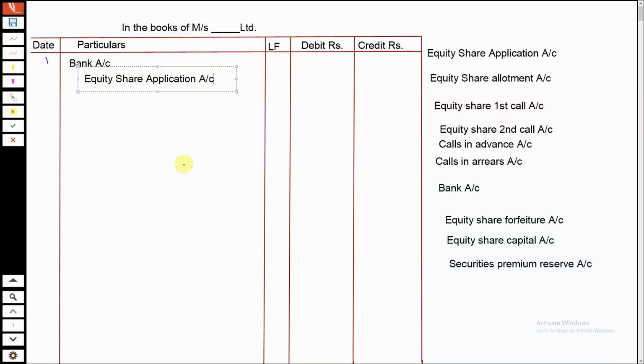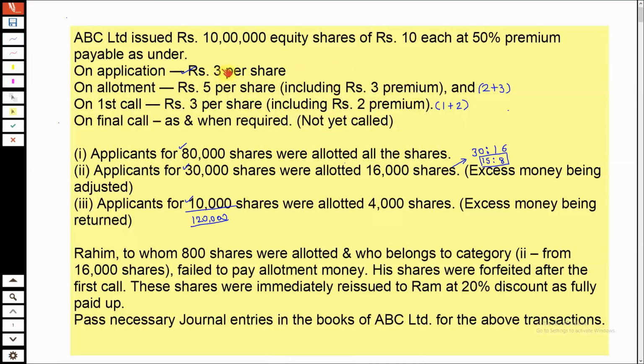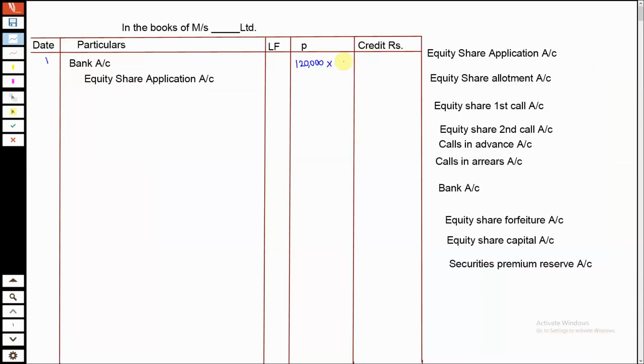With what amount? For 1,20,000 shares, the company must have received on application 3 rupees per share, as you can see here. So the same amount will come here.